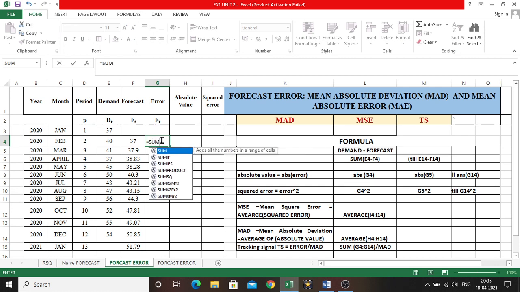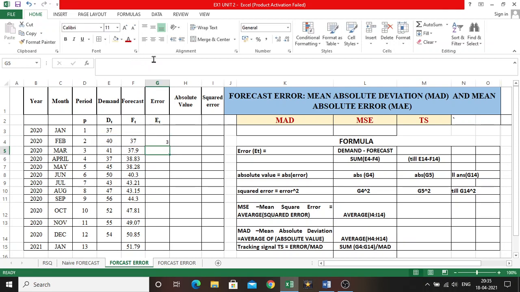Sum of demand minus forecast. Then we got the error for the month of 2020 February, then we have to just drag it till the month of December 2020. We got the error for the given data.